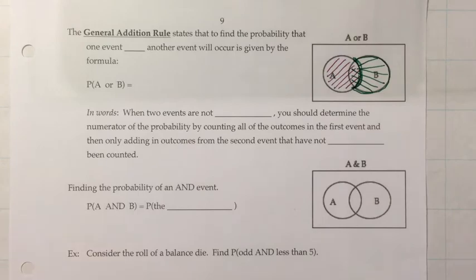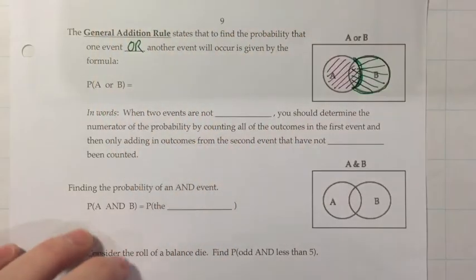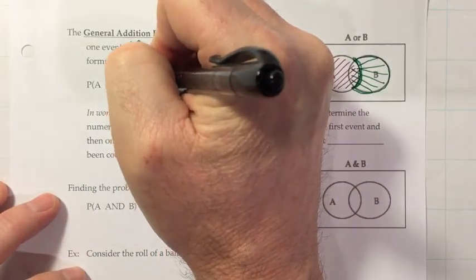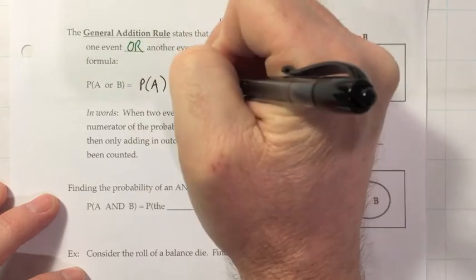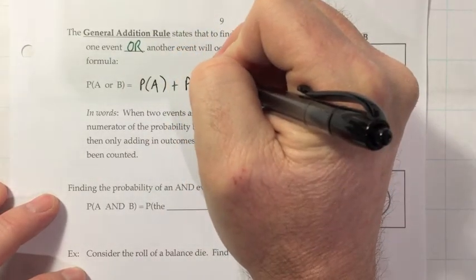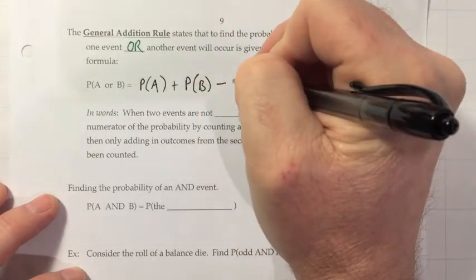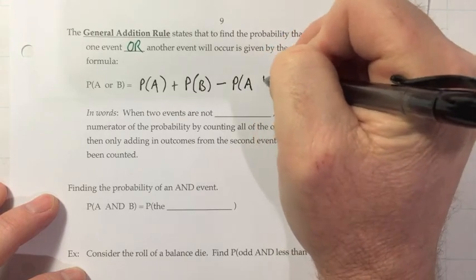So the general addition rule states that if you're trying to find the probability that one event or another event will occur, then if you were going to think of that as a formula, you would want to think about the probability of A, but then when you do the next one, you'd want the probability of B, but you'd want to subtract out the probability of the overlapping part, which we call an AND.